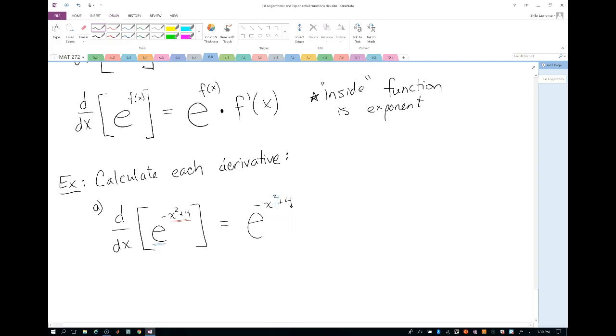Completely unchanged, exactly the same function that we started with. But because there's an inside function, this is considered a chain rule, and we also have to multiply by the derivative of our inside function, which is our exponent. And the derivative of negative x squared plus 4 is negative 2x, and that's multiplication. You would typically see this with the negative 2x moved to the front. That way we wouldn't accidentally confuse it with subtraction.